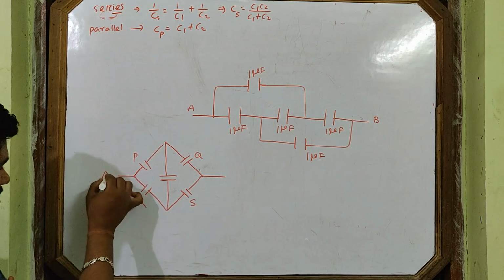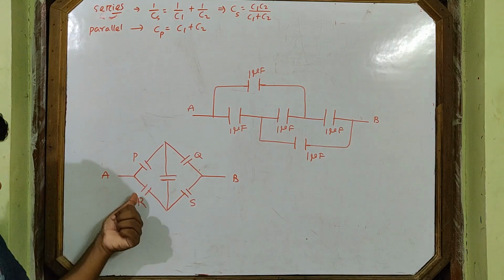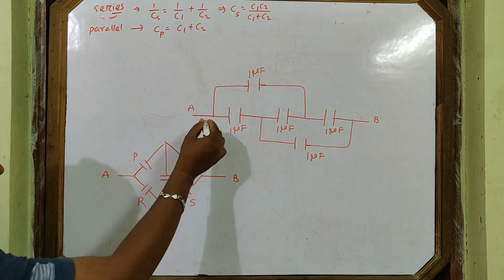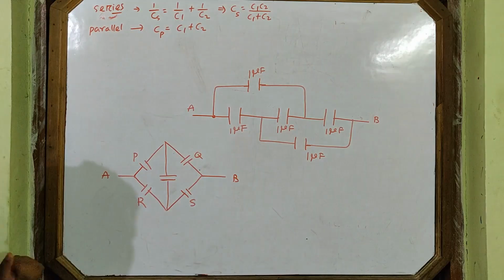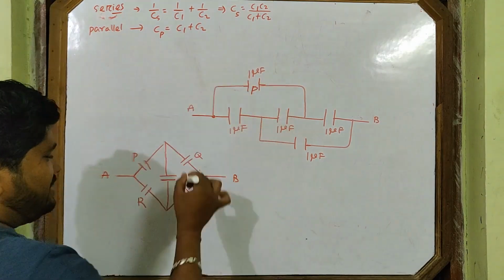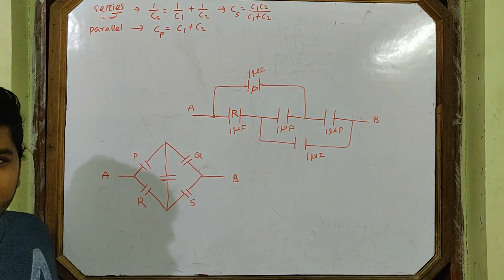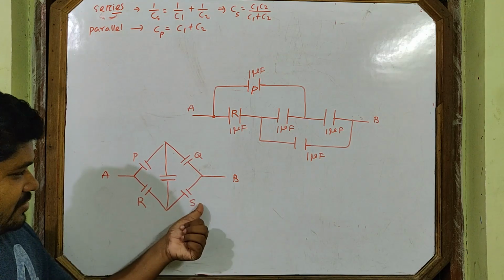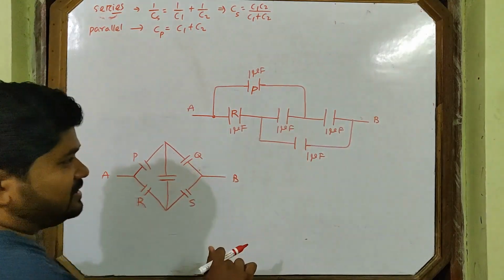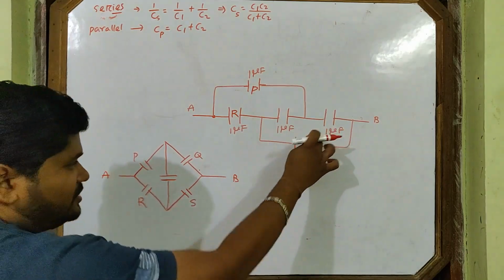Now see, this terminal is A, this terminal is B. From terminal A, how many capacitors start? 2 capacitors, P and R. Terminal B, how many capacitors are connected? 2 capacitors, Q and S. You see here also 2, here also 2.